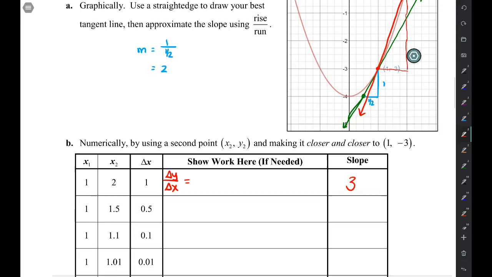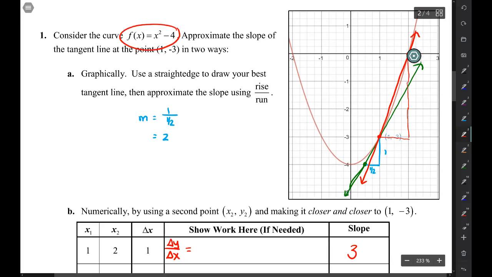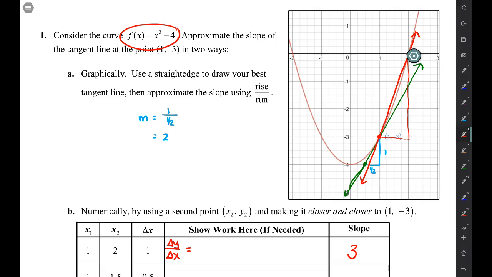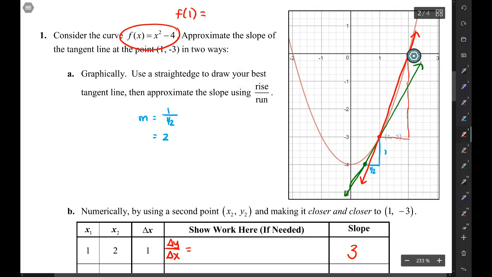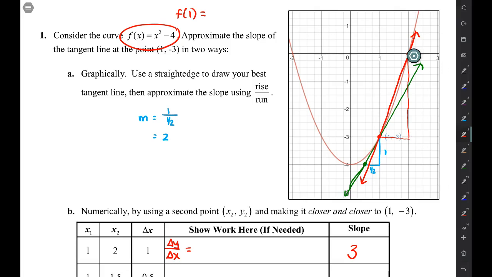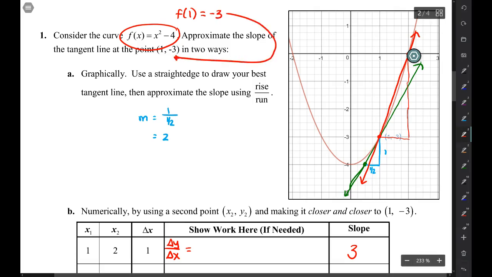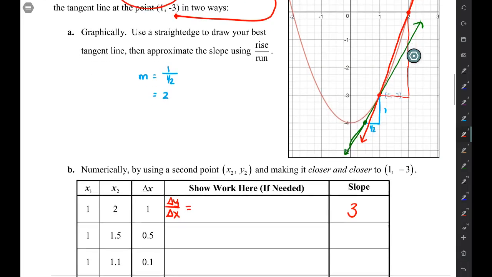The change in the outputs is going to be based on this function right here. That function gives me the y values. So notice that if I plug 1 into that function, what do I end up getting? 1 squared minus 4, negative 3. That's the point right there.